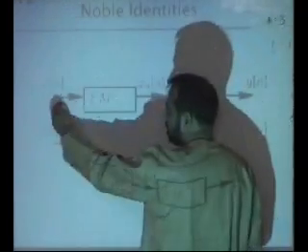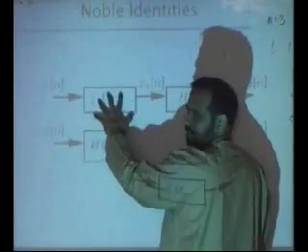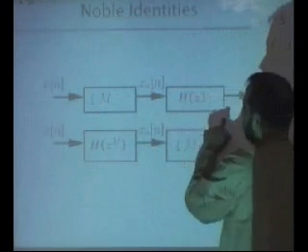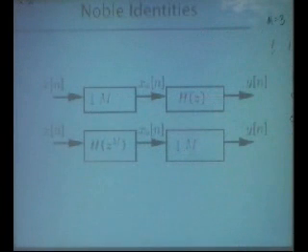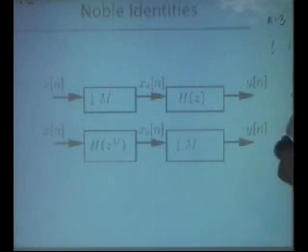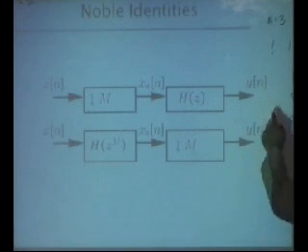You basically take the input, throw away samples, and then pass it through a filter without zeros. So at the output of both the systems, you'll get the same output.